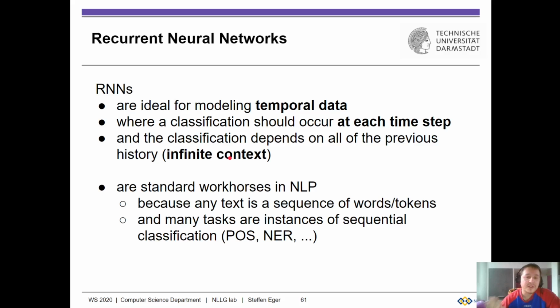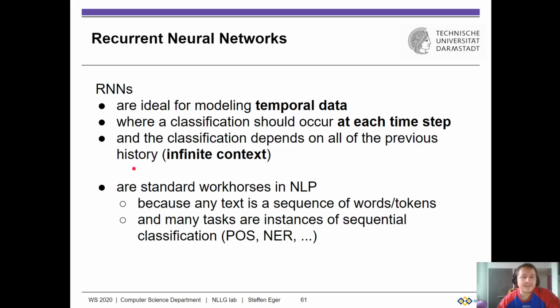With infinite, if you have a math background, that is a big concept, infinity. But what we mean actually is that there's no natural border that you can indicate. You cannot say it only matters to see the 5 previous words or the 6 previous words. So this context may be flexible, and that's what we refer to as infinite.